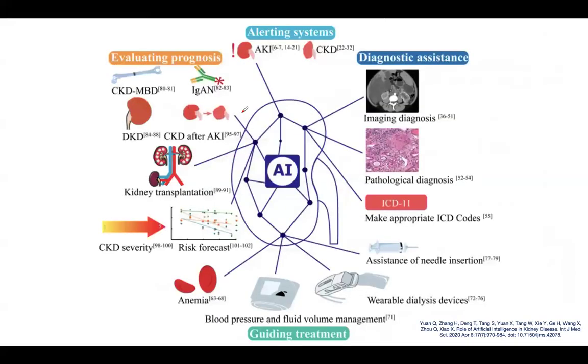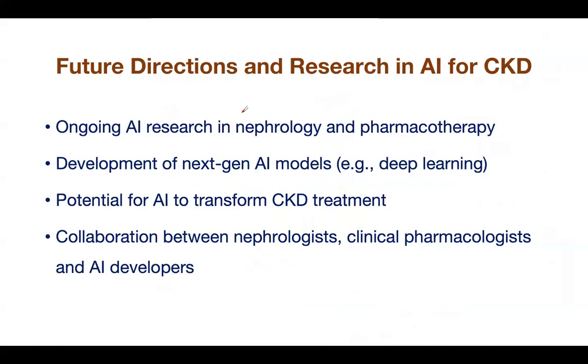So when we talk about CKD management, that could be guided by artificial intelligence. There are certain biomarkers which can evaluate, and we can prognosticate. There could be some alerting system, diagnostic assistance. Along with that, we need to develop certain tools by incorporating pharmacokinetic and pharmacodynamic characteristics with these AI models, and that can help us in precision medicine.